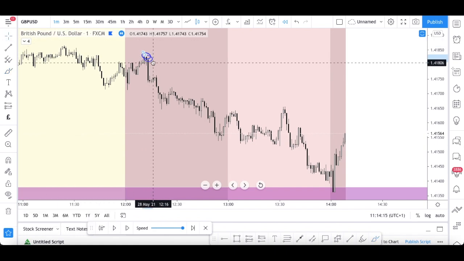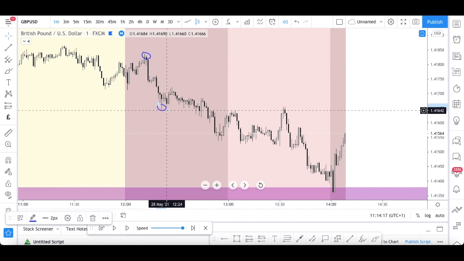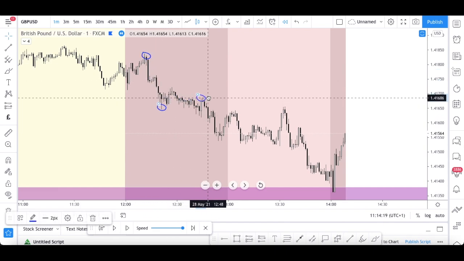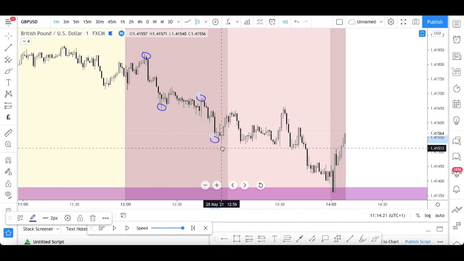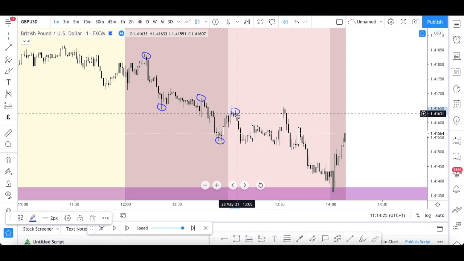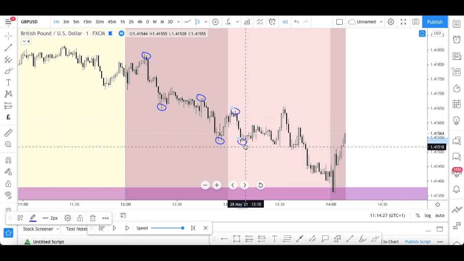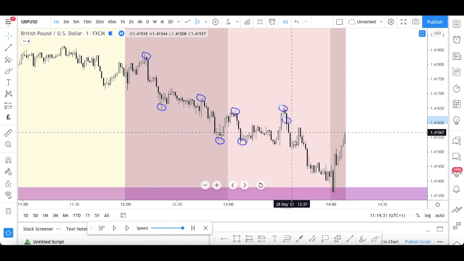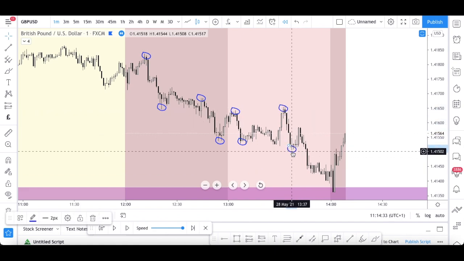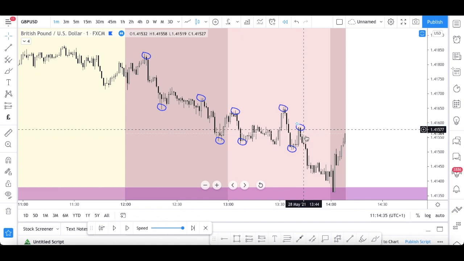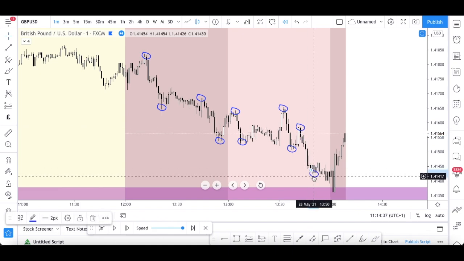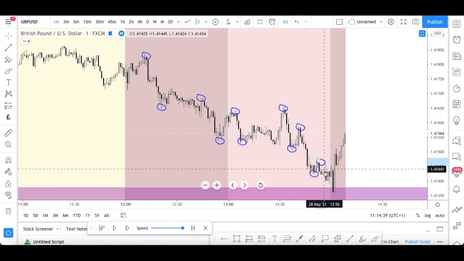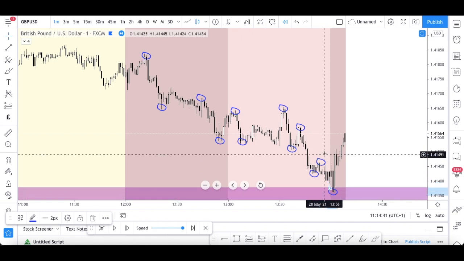So we have the high, a low, this lower high, which created a lower low, then had another lower high, which went on to create a lower low, then another lower high, and another lower low, and then it carries on, another lower high, lower low, lower high, and lower low.